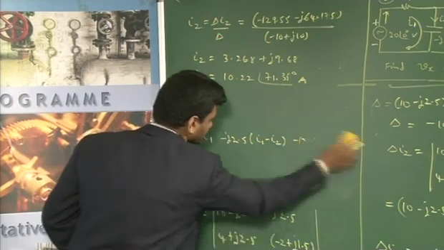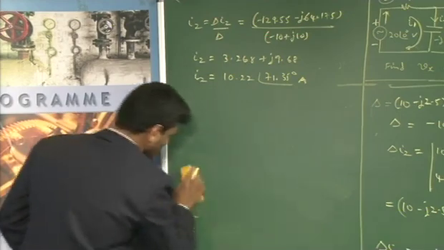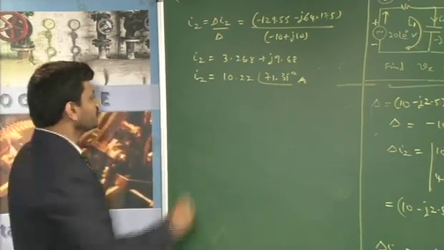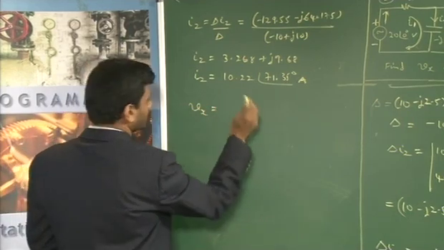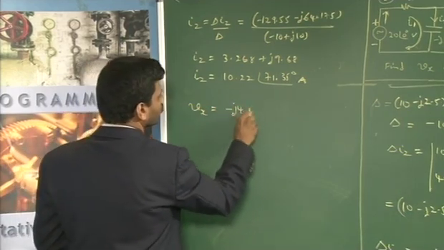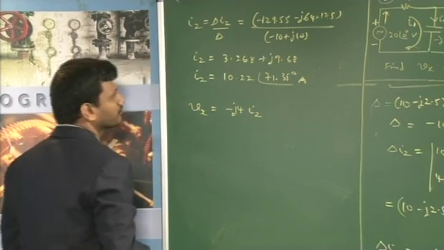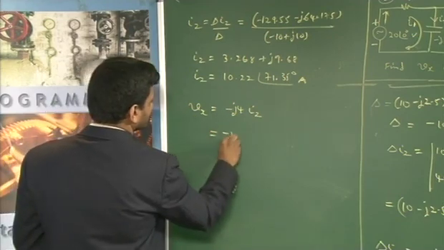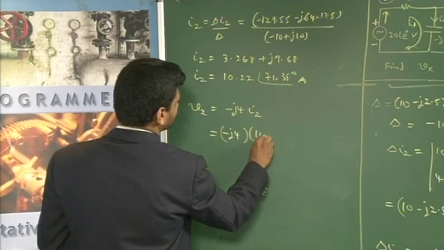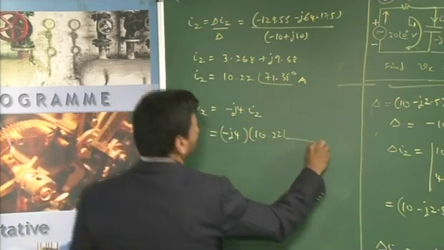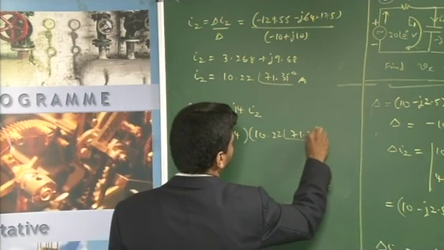But this is not the end of the problem. We need to find Vx, which is anyway easy. So, Vx is equal to, as already written, minus j4 I2. So, minus j4 into, in brackets, 10.22 at an angle of 71.35 degrees.